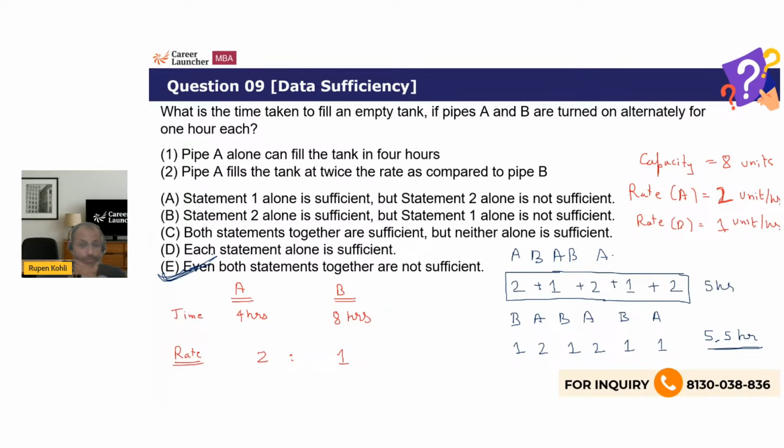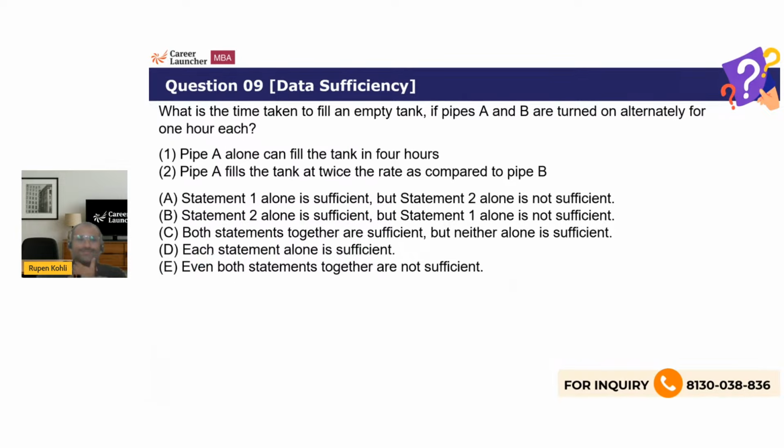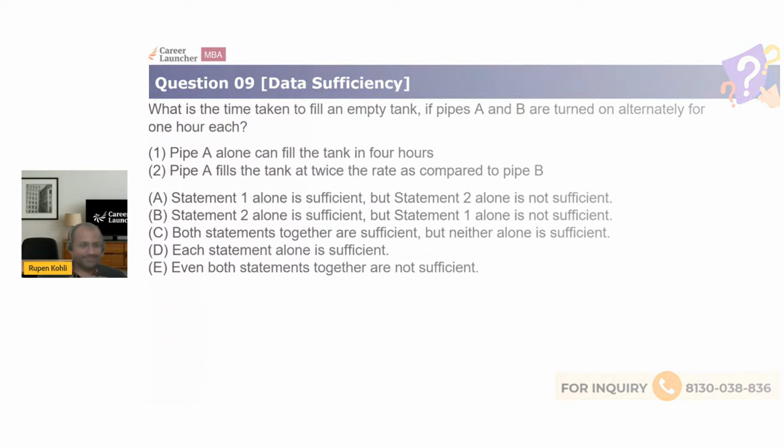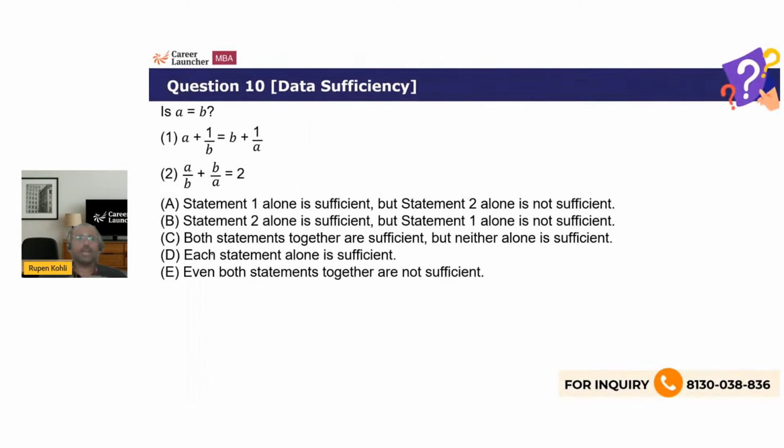Okay, we'll do one more. Let's see. Okay, looks like something on just variables, right? A, B equations are there. Let's do this one, right? So let's see if you can get this.